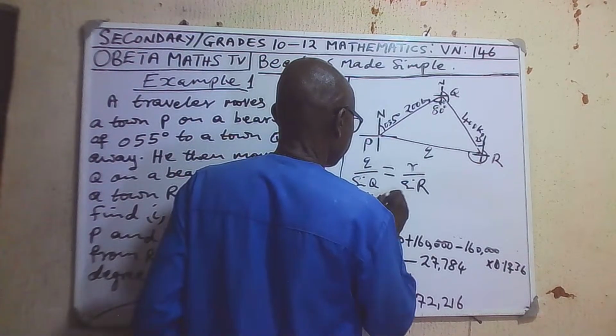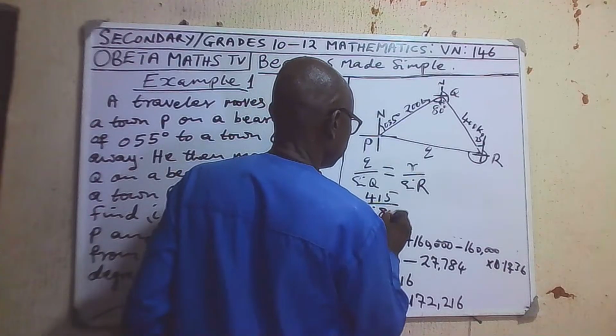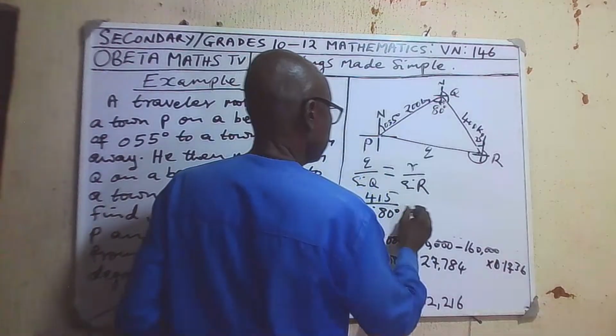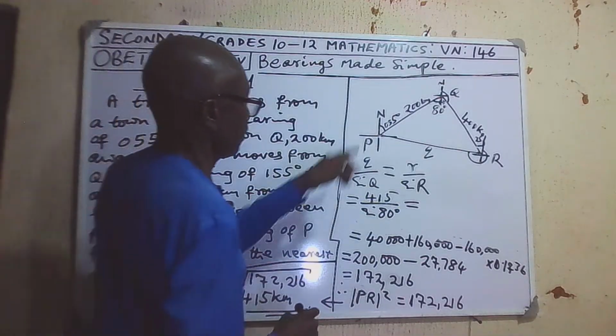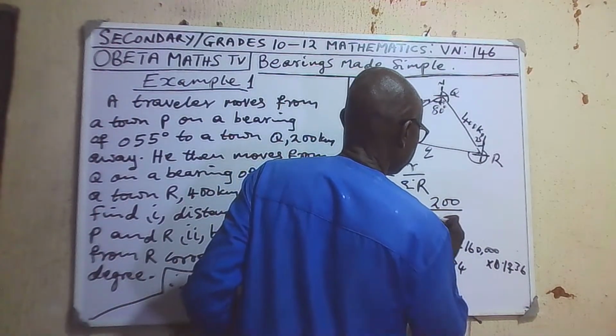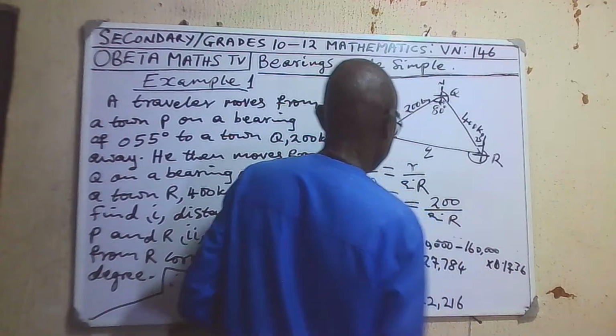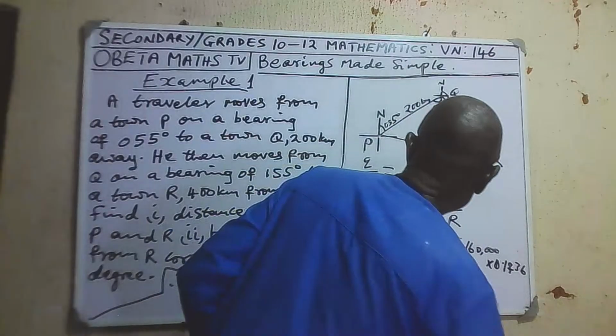That is 415 all over sine 80, equal to small r, which is 200, all over sine R. So sine R is the one we don't know, and that is what we are looking for.